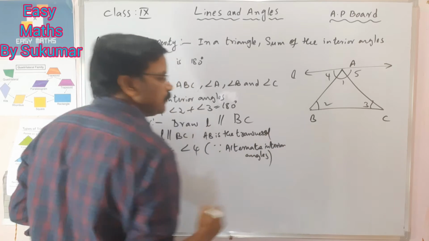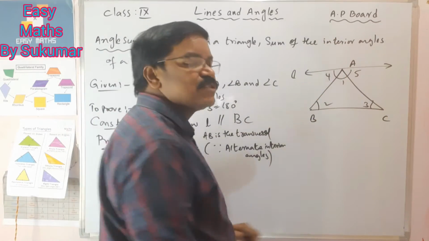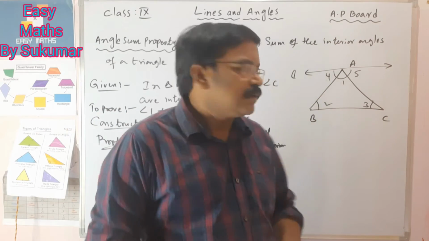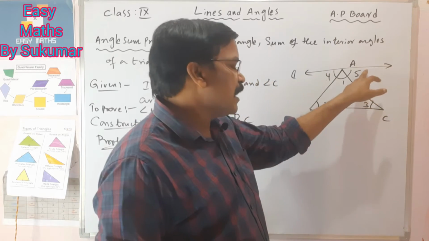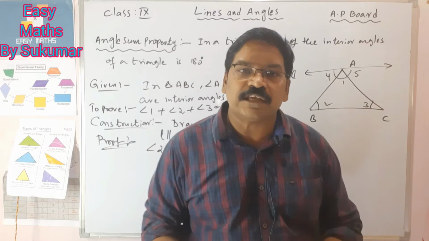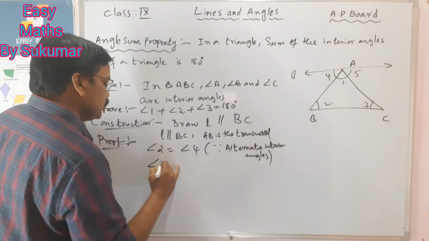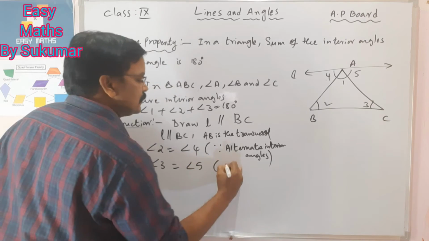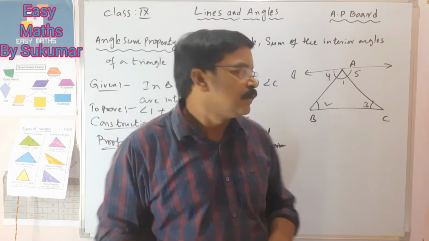See here, if you consider AC as a transversal, L is parallel to BC, AC is a transversal. Here, angle 3 and angle 5 are equal. The same reason, alternate interior angles are equal.